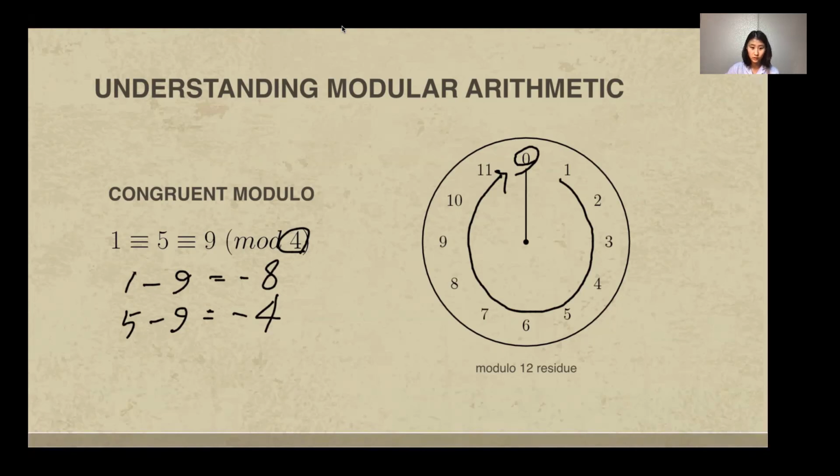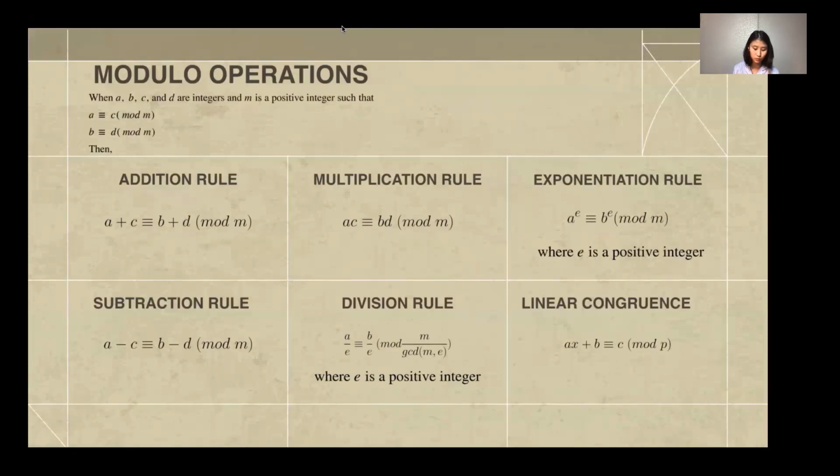Okay, so now we're going to move on to modulo operations. There are several rules that we need to follow when we're looking at modular arithmetic. When a, b, c, and d are integers and m is a positive integer such that a is congruent to c mod n, b is congruent to d mod n, then we have this set of rules.